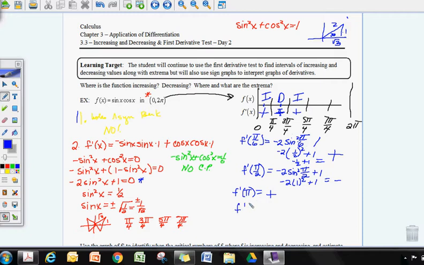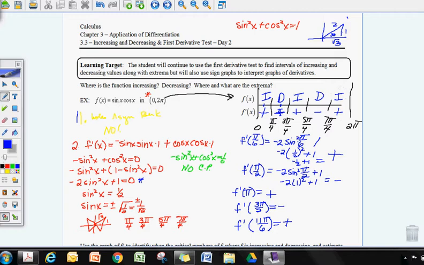I would pick 3 pi over 2. And at 3 pi over 2, your answer is going to be negative. And I've worked these out. I hope you guys trust me. And then the last one, I've got to pick between 7 pi over 4 and 2 pi. The only thing I can pick is 11 pi over 6. And when I do that, that is positive. That means this region is increasing.